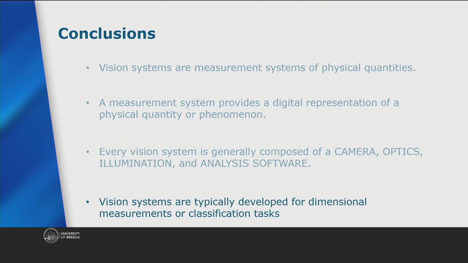Finally, we saw that vision systems are true measurement systems, mainly used to produce dimensional measurements or classifications. At this point, we have all the tools we need to go into more detail about each of these components. In the next episode, we'll start right away with the main component, the camera, and we'll understand how it works and how it's possible to go from light information to a digital image.